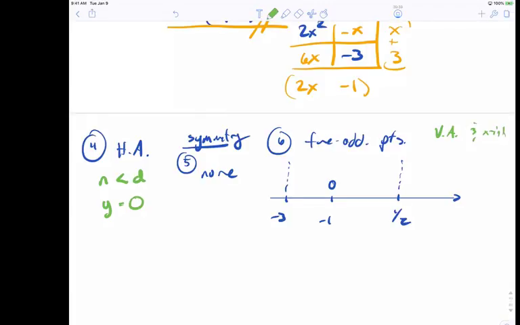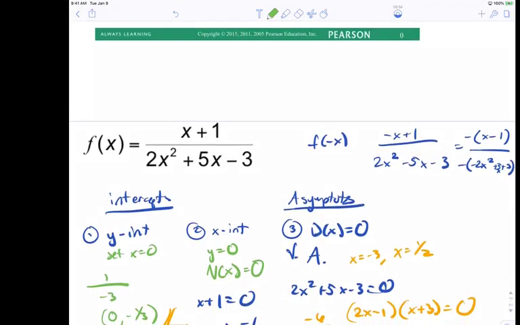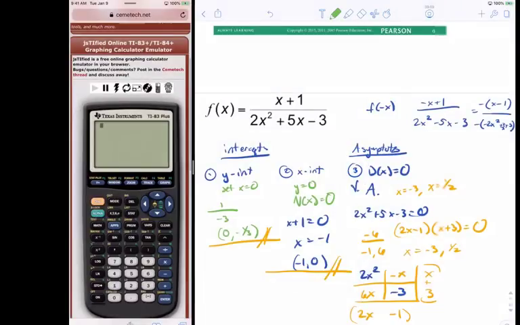Okay? So now we've plotted. We just want to choose a few additional points between and beyond all of these key numbers. Give me a number to the far left to test. So when X is -4 into the original, let's see. Just for the sake of time, I'm going to go here to my calculator. I'm going to go to y equals.